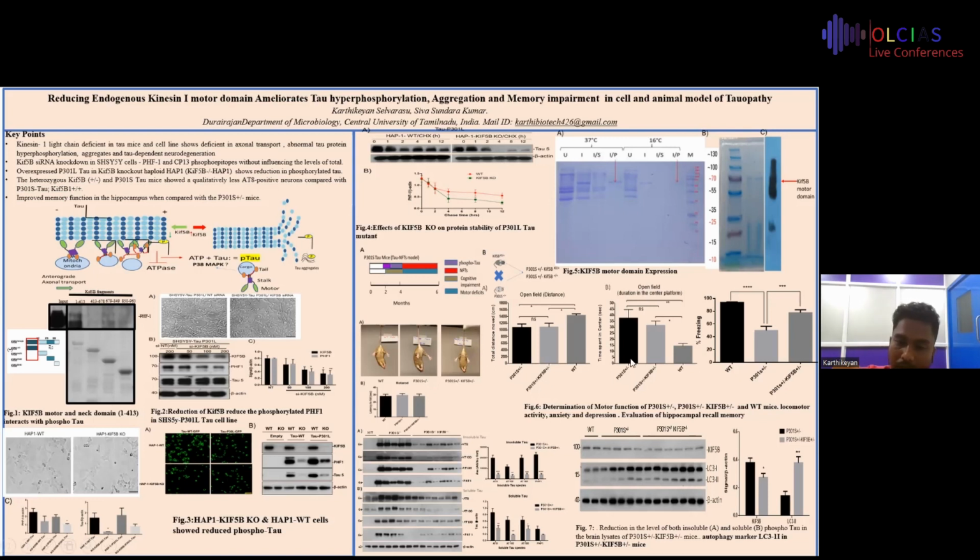So from the behavior activity, we checked how the protein activity and everything, like soluble and insoluble tau, varied. So we have to check, after knocking out the KIB, how the protein expression got varied.